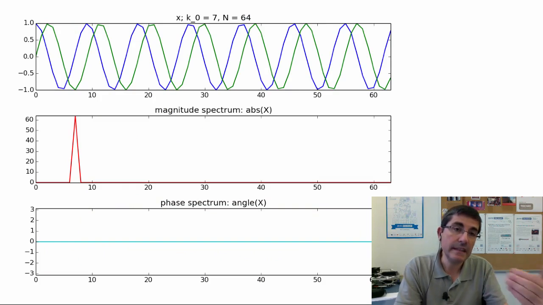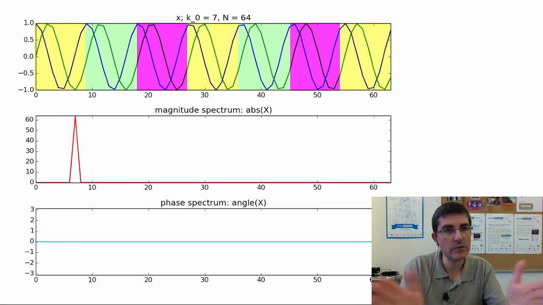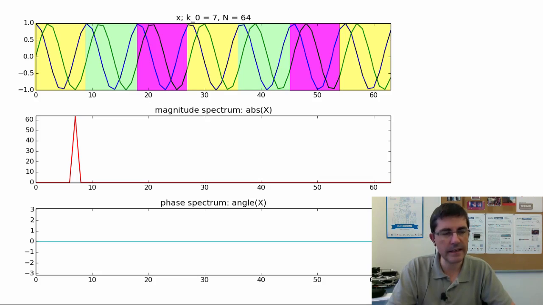So let's see the plot of this operation. This is the DFT of a complex sinusoid. On top we see this complex sinusoid that has k equal to 7. So basically it means that it has 7 periods in the length of capital N, and in this case we have defined capital N as 64. So there are 7 periods in these 64 samples, and of course we see the cosine and the sine.